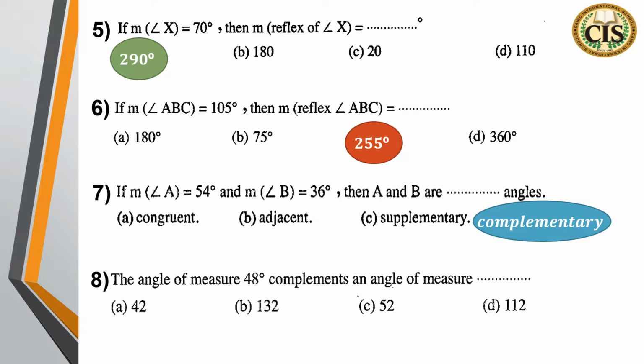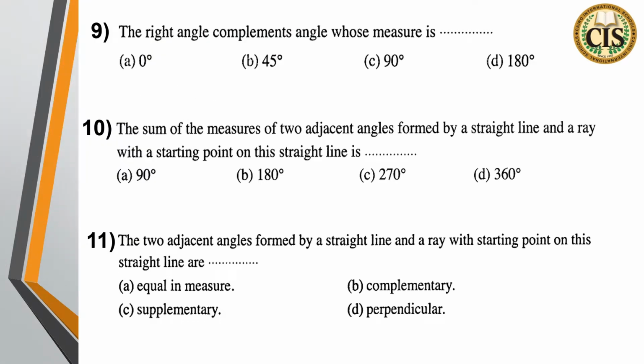Complements means 90 degrees, so we write 90 minus 48 equals 42. The right angle complements the angle whose measure is 0 degrees.